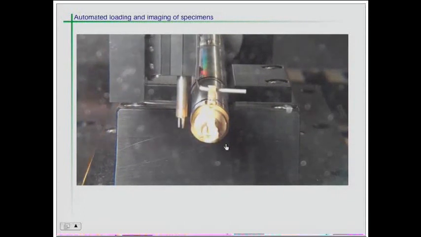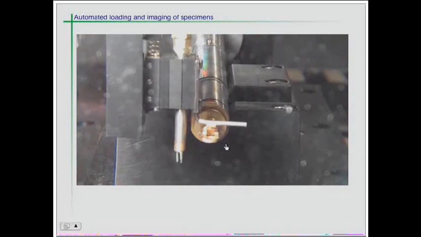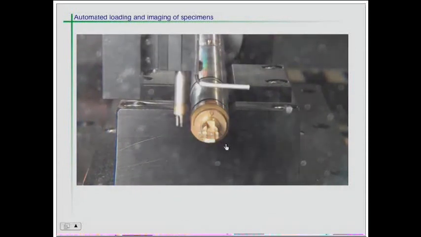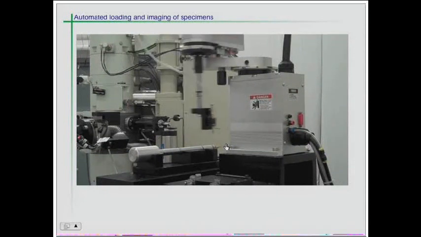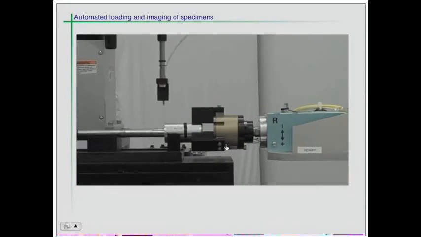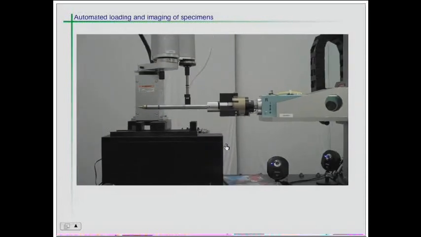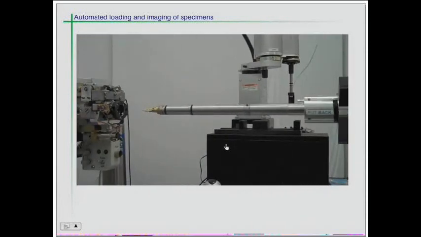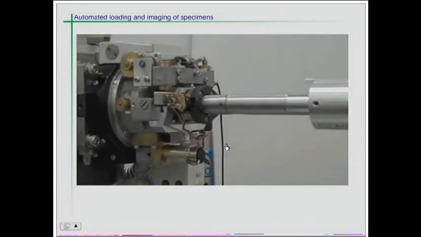Places the grid, makes sure that there is a grid in position, and closes the clamp. The SCARA robot is now finished, goes into a resting position, and the Cartesian robot picks the sample holder and inserts it.